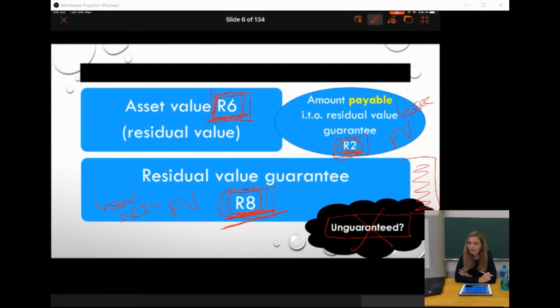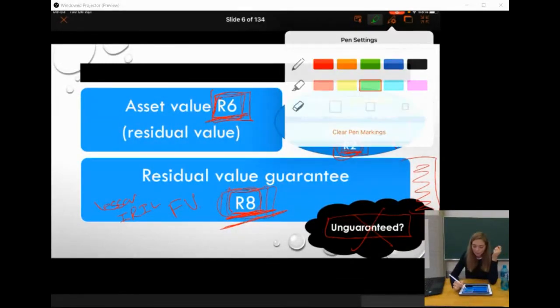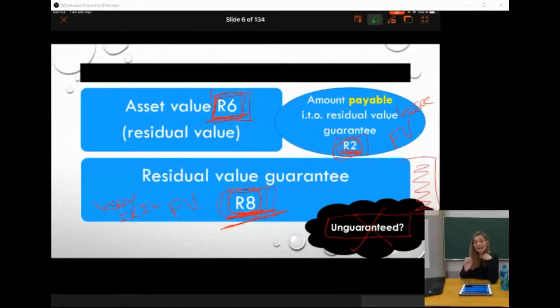What is the difference between the lease payments for the lessee and the lessor? That's exactly what I just spoke about. For the lessee, we include the amount payable in terms of the residual value guarantee as the future value in our calculation to calculate the lease liability.